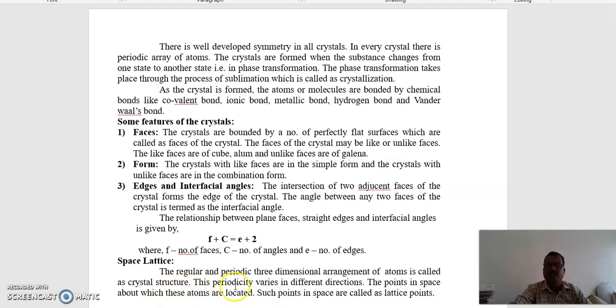This periodicity varies in different directions. The points in space about which these atoms are located are called lattice points.